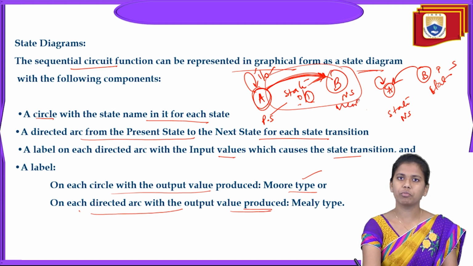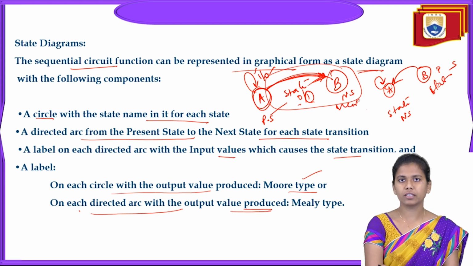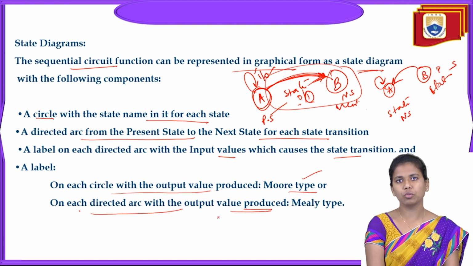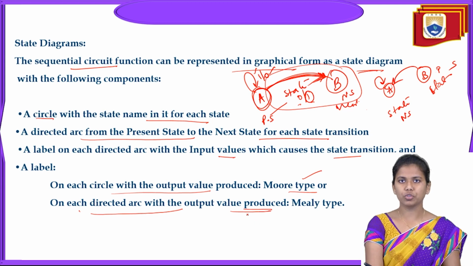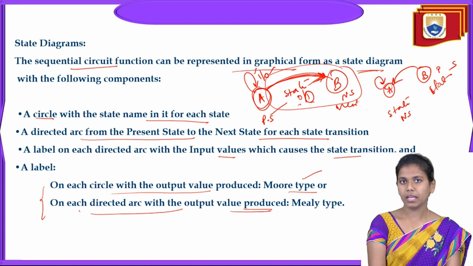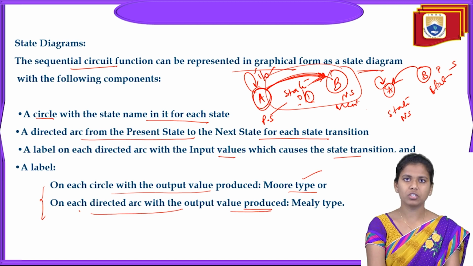So in the Mealy sequential machines, on each directed arc, we see the output value is to be produced. This is a general understanding of the difference between Mealy and Moore type sequential circuits.